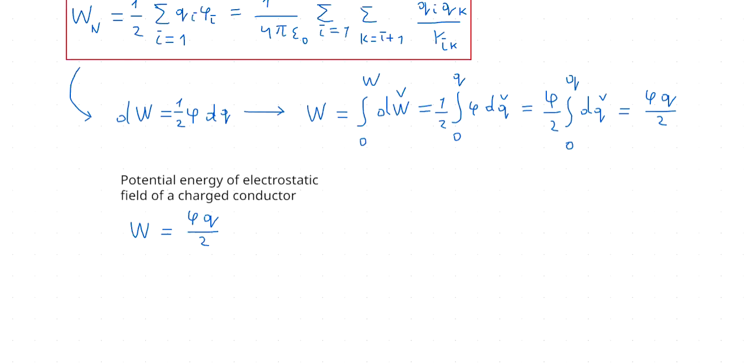We can remember that the charge Q of a charged conductor is equal to its capacitance multiplied by the electrostatic potential on its surface. So after substitution, we'll obtain C phi squared divided by 2.